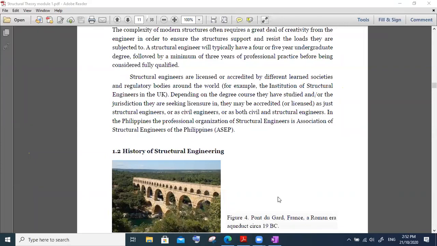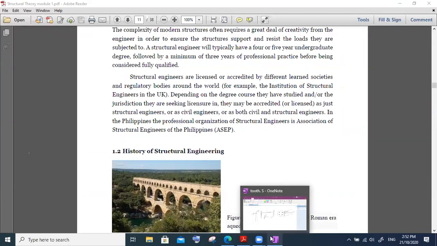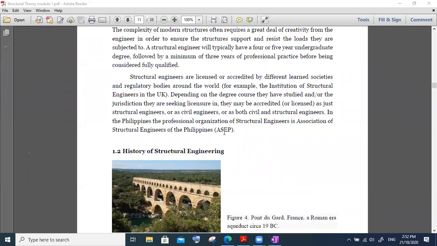We have associate member before you become a full member. In the Philippines, our organization is called ASEP, the Association of Structural Engineers of the Philippines.